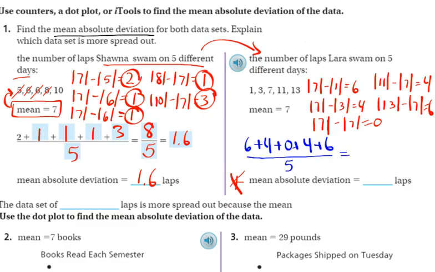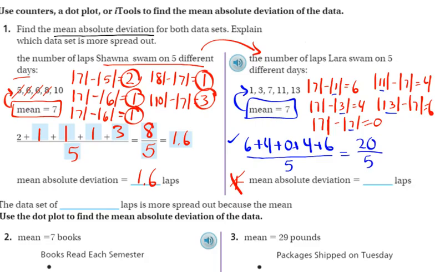All right, so go ahead and take a peek at what I've completed here. You notice I did the absolute value differences of the mean with each data point in the set. So that was the 1, the 3, the 7, the 11, the 13. I found those differences of 6, 4, 0, 4, and 6. I've got those differences here, all added together above 5, because I have 5 pieces of data. 10 plus 10 here is 20, and I have a 5 on the bottom.